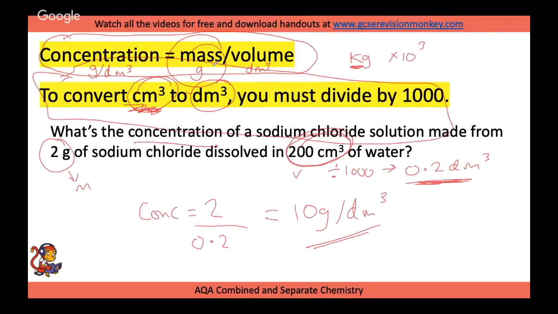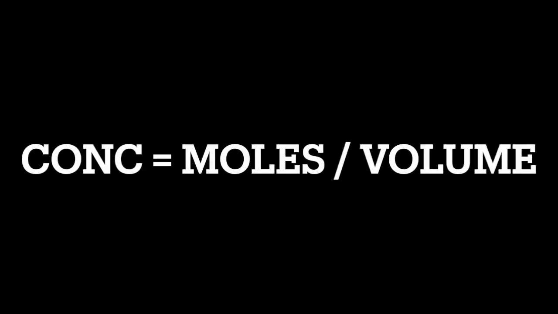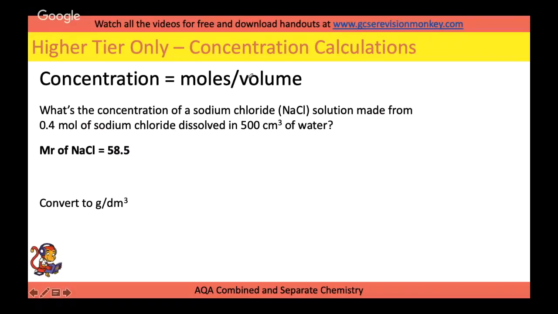Now, you may be asked to rearrange it as well. So if you notice that they're asking you to calculate mass or volume, you're going to have to rearrange it. Same as before, but this time you also have the equation concentration equals moles over volume. So this question says, what's the concentration of sodium chloride solution made from 0.4 moles of sodium chloride dissolved in banana skin, 500 centimeters cubed of water?